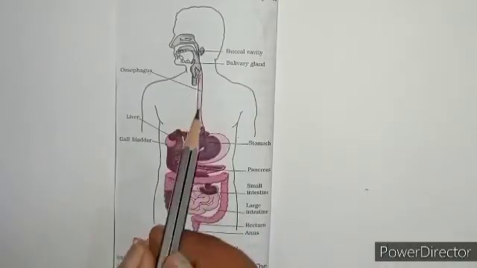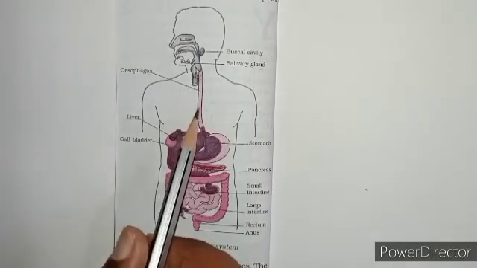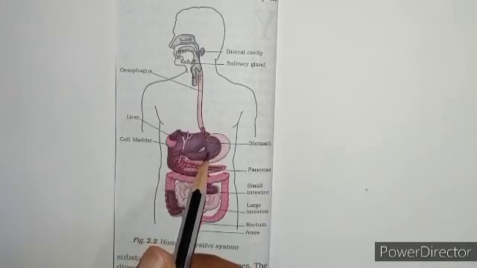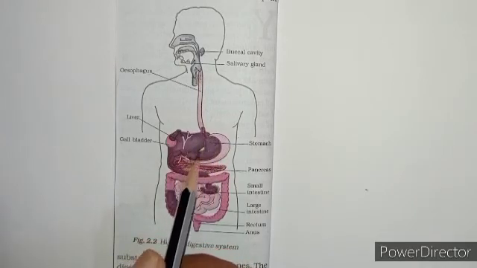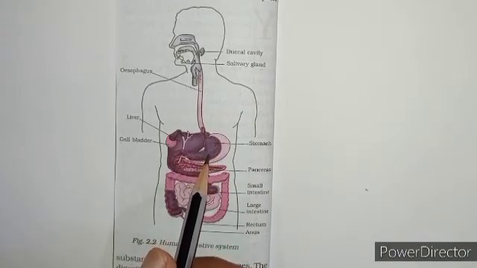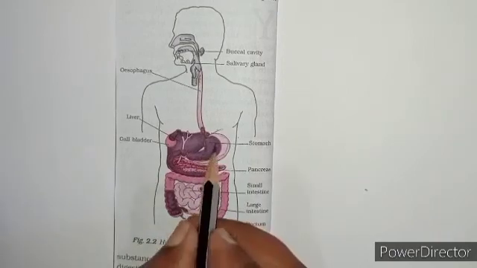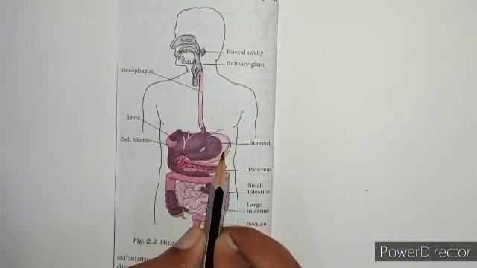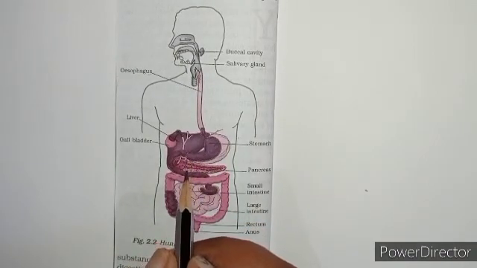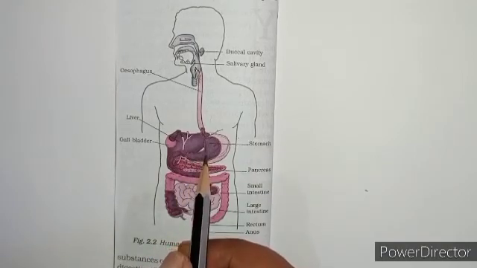After being pushed down by the wall of the esophagus, food comes into the stomach. Here this is the stomach. The stomach is a thick walled bag. It looks like a bag, and all of you see here, it looks like a flattened J. It is the widest part of the alimentary canal.